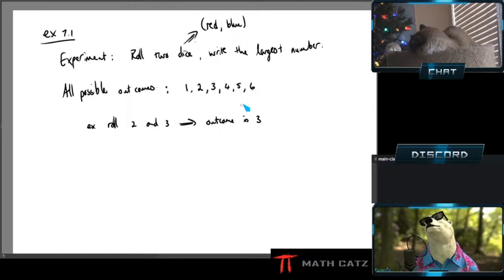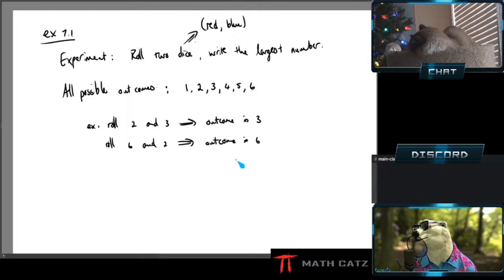I can get a 6 if I roll a 6 and a 2, for example. Let's say a couple examples here. Roll 6 and maybe a 2. Then the outcome that I'm interested in writing down as the result is the largest of the numbers. But because my two dice are just 6-sided and fair balanced dice, I can't get more than a 6 ever. So the largest number will never be more than a 6.